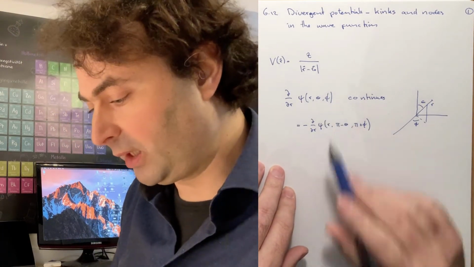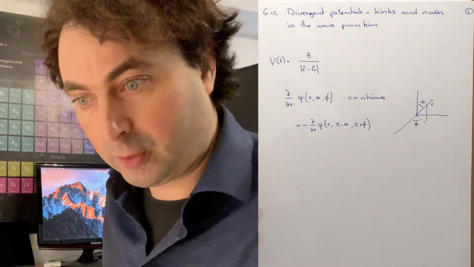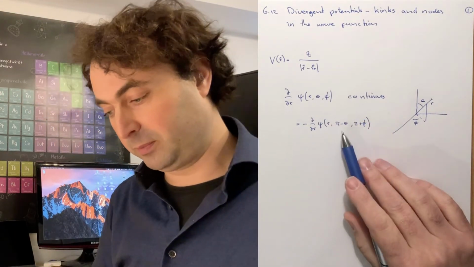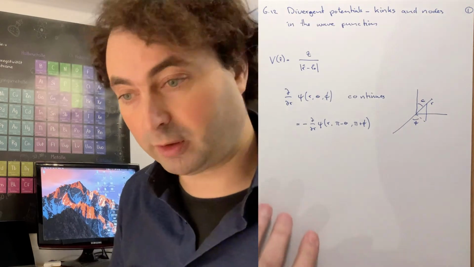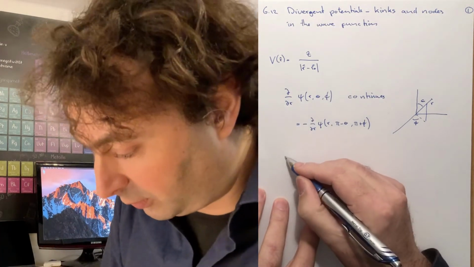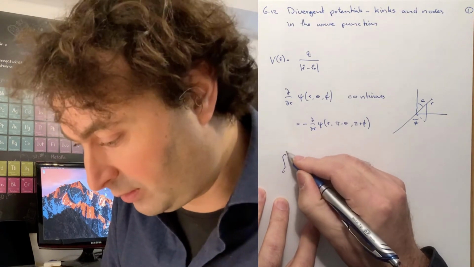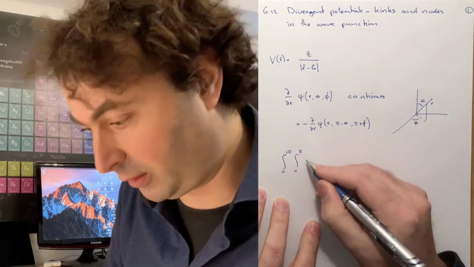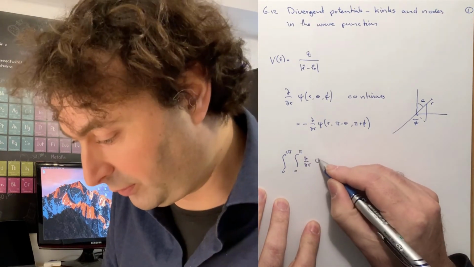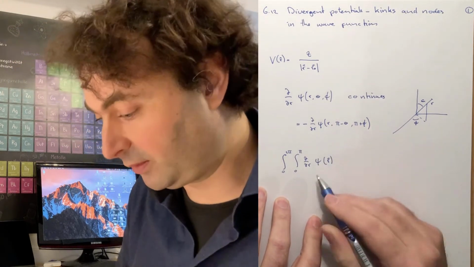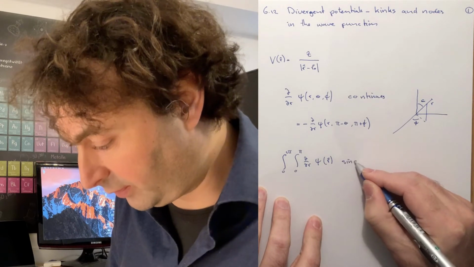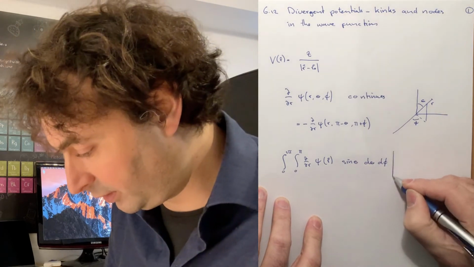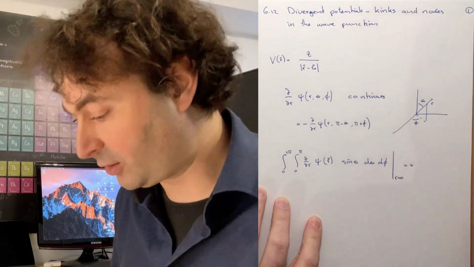Well, this has to be true for any value of theta and phi. If that is true for any theta or phi, then definitely the sum over theta and phi, minus theta, pi plus phi, of the derivative has to be 0, or if you integrate over all angles, 0 to 2 pi for the integral over phi, 0 to pi for the integral over theta, the derivative of your wave function with respect to r integrated with sine theta d theta d phi, evaluated at the point r equals 0, has to be 0.